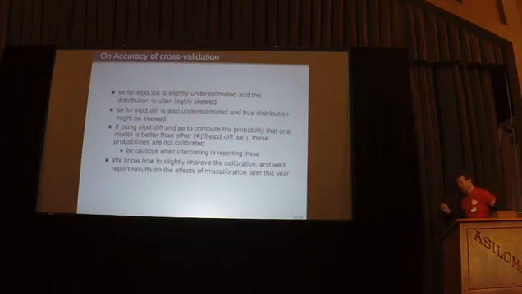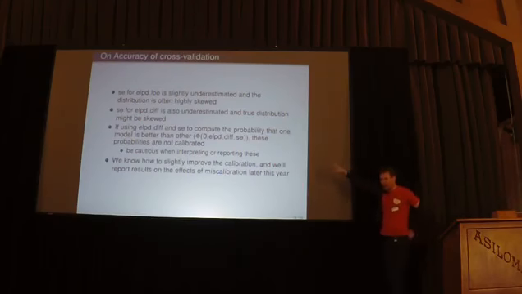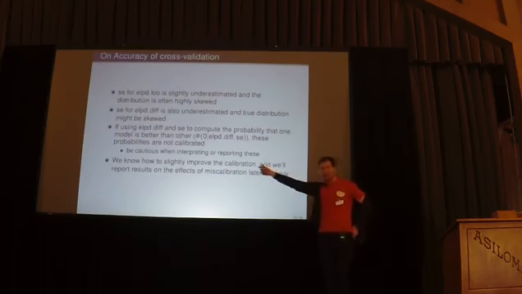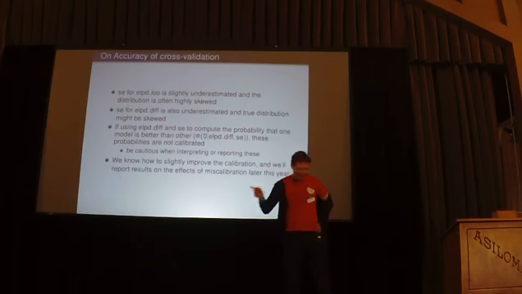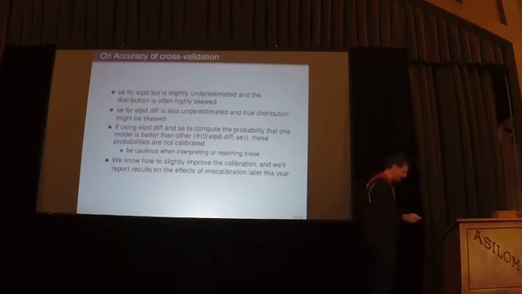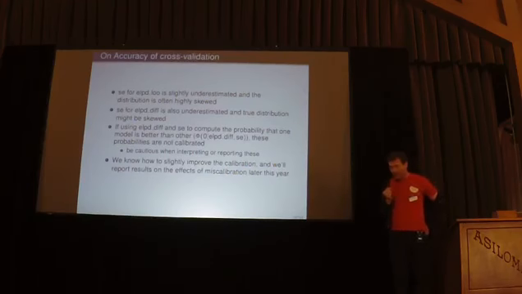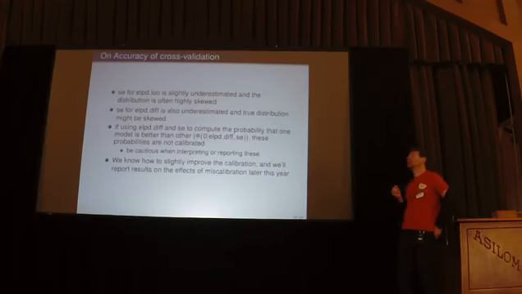On the accuracy of cross-validation, I've been pointing out that we have the ELPD diff and the SE, the standard error, for that. We can't use those to give an exact probability that one model would be better than the other.